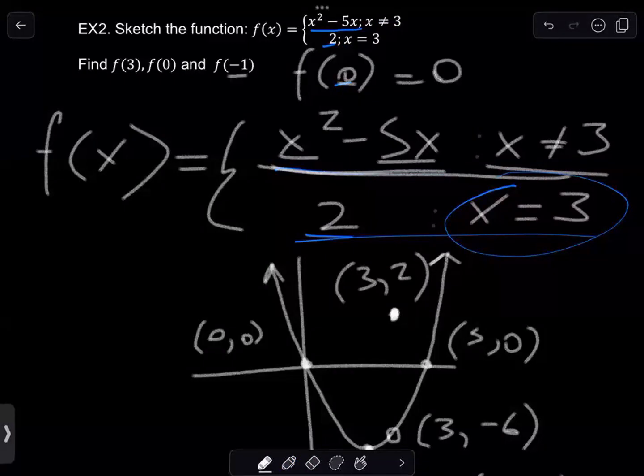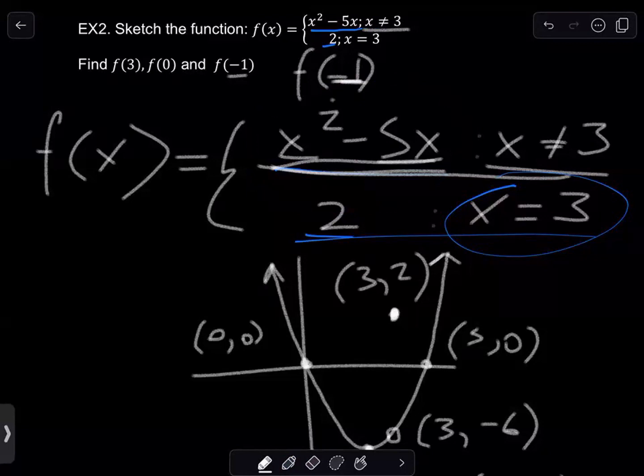And then if you look at the next one, which is -1. So the x value is -1. -1 is clearly not equal to 3. So we are dealing again with the first part of this piecewise function. So what we have to do is substitute -1 into x squared minus 5x and calculate what your y value will be.